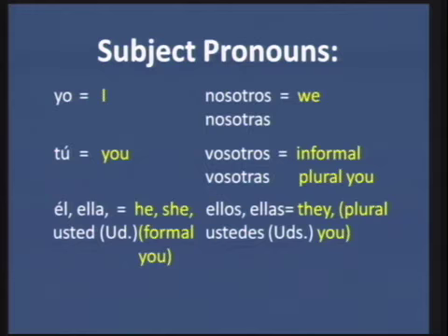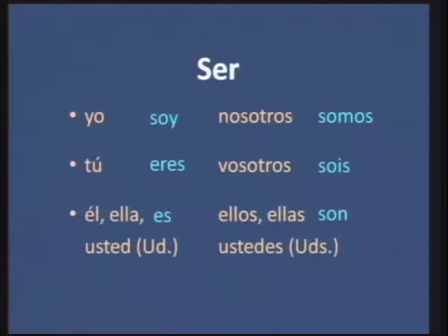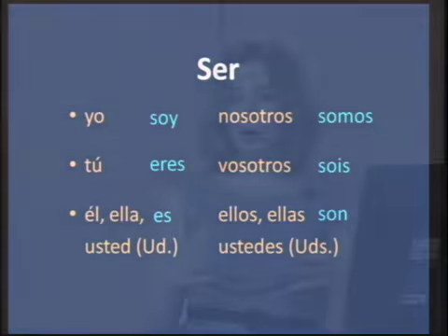So when we conjugate the verb, it becomes repite, yo soy, tú eres, él es, ella es, usted es, nosotros somos, vosotros sois, ellos son, ellas son, ustedes son. So this always stays the same.